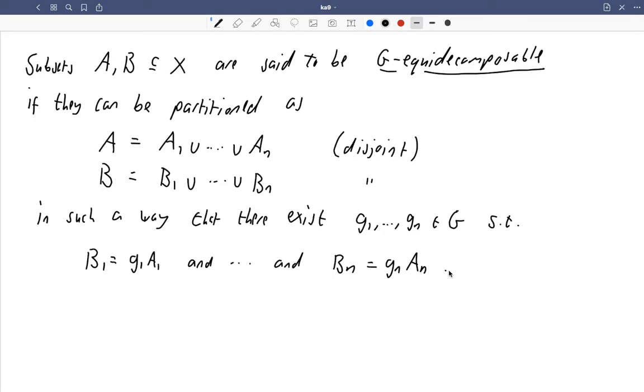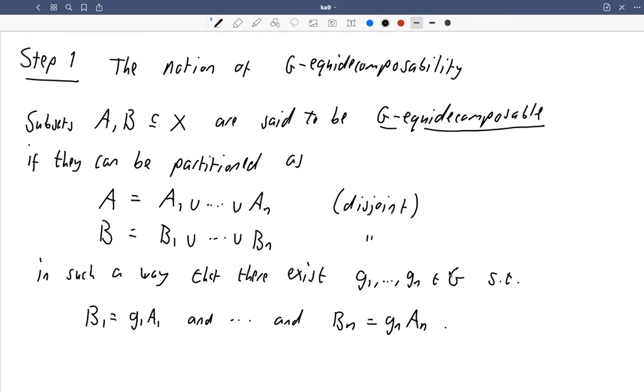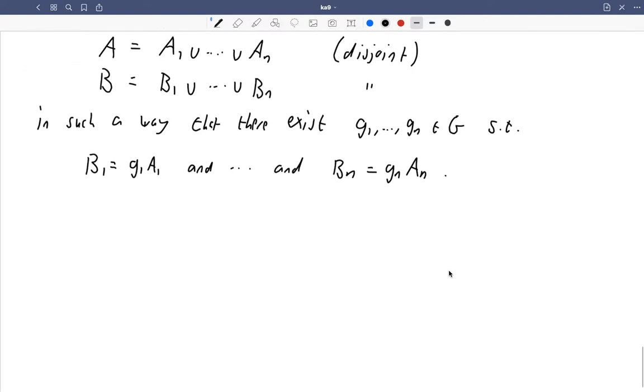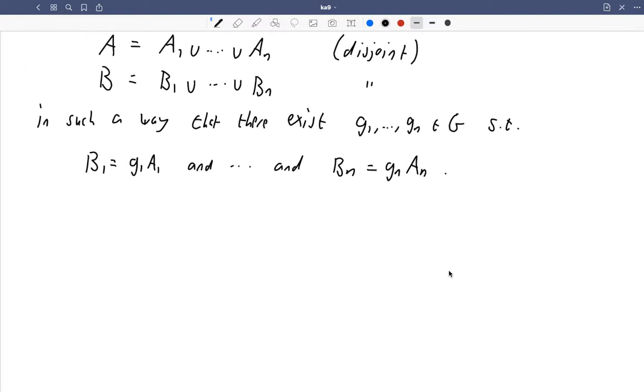Okay, so that's the notion of equidecomposability. Let's immediately relate it back to the Banach-Tarski theorem. So we immediately have, with this notion, a restatement of the BT theorem.